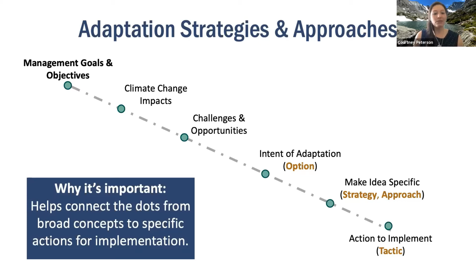But the key reason that this is important is so that we really have this clear thought process. We can document our intentionality in a management plan. And so when someone asks you why you decided to implement that tactic on the ground, you have this clear trail of thought documenting how you're addressing your management goals and objectives and dealing with some of those climate change impacts that are specific to your project location.